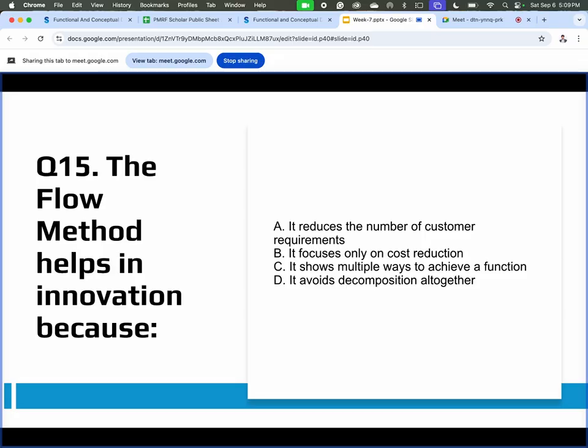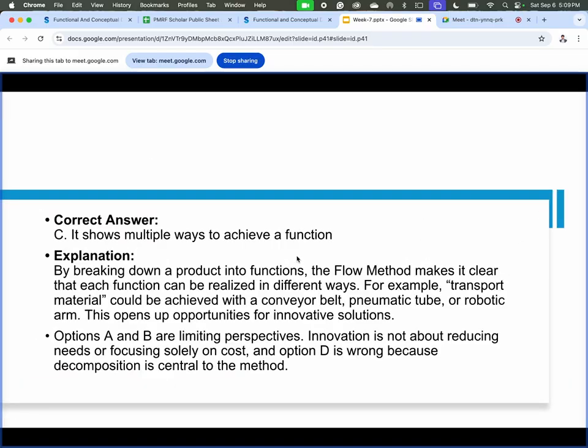Unlike reducing requirements or focusing only on cost, this method actually broadens possibility. It is precisely the process of decomposition that makes innovation possible. So the correct answer for this question is multiple ways to achieve a function.